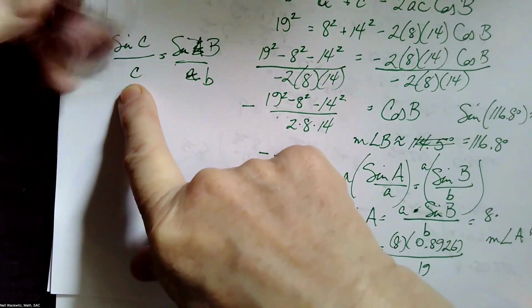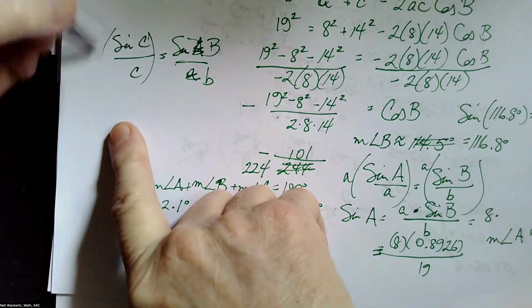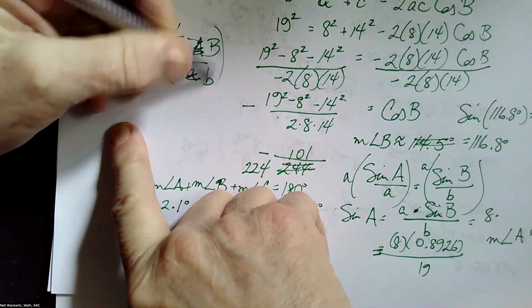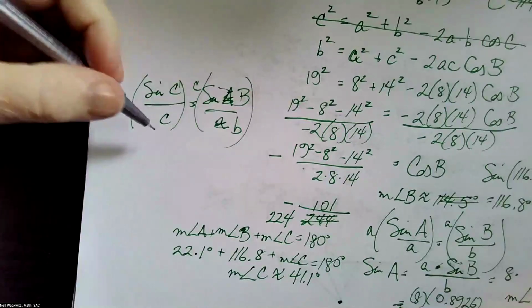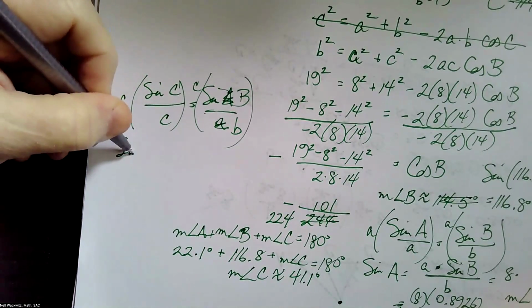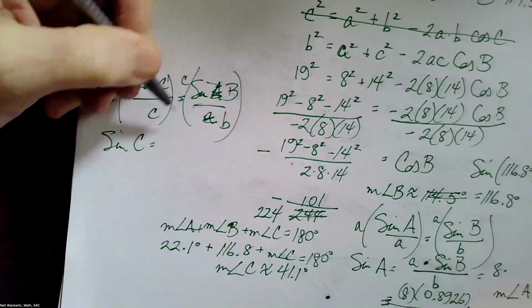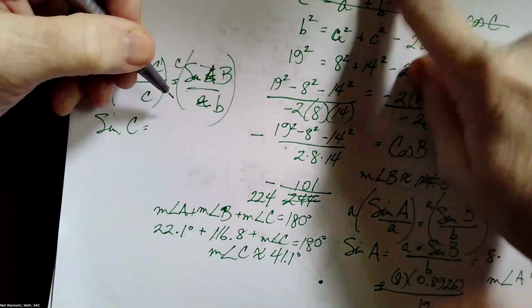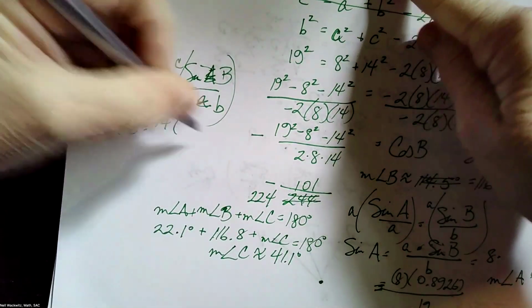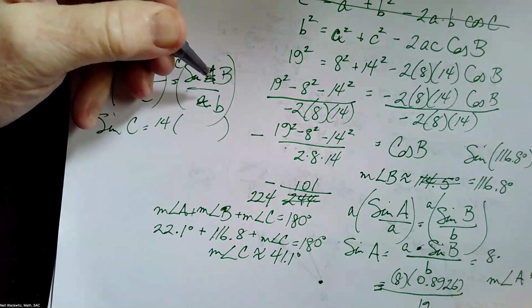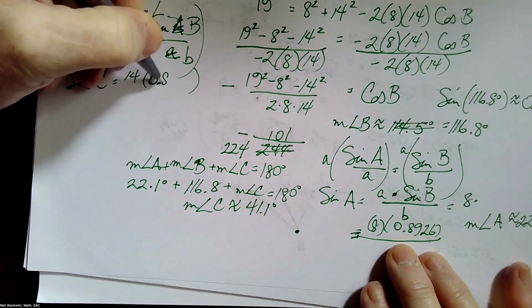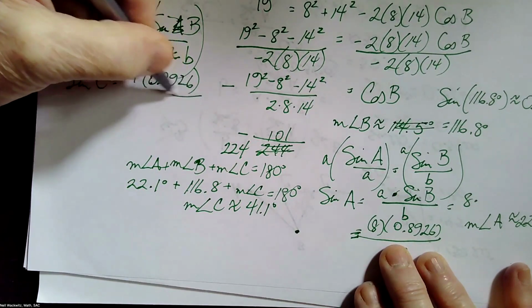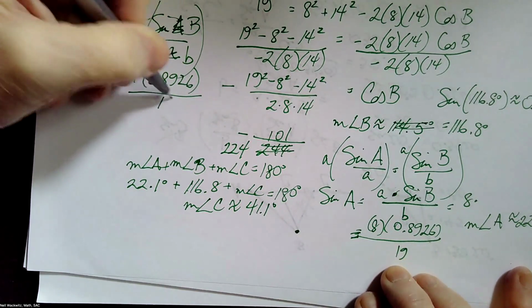And I'm going to multiply both sides by c and use the same approximations that I used to find sine A. So I've got the sine of angle C is going to be 14 times, we said the sine of B was approximately 0.8926, and side b was 19.